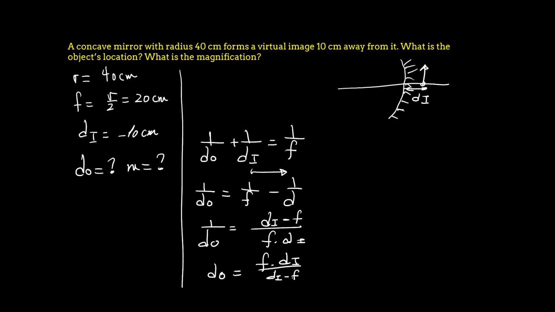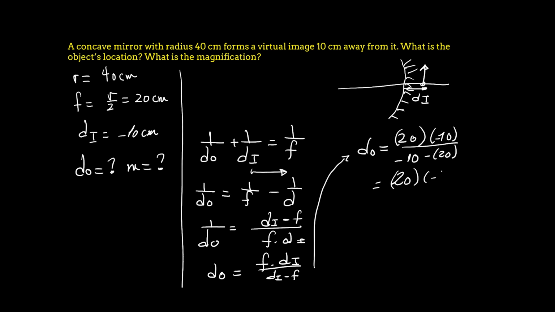All right, and let's see what we get when we plug numbers in. F is 20 centimeters, DI is negative 10. Over DI is negative 10 minus 20, so I have 20 times negative 10 over negative 30.